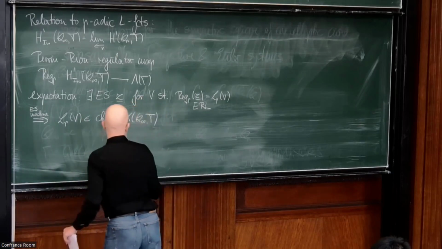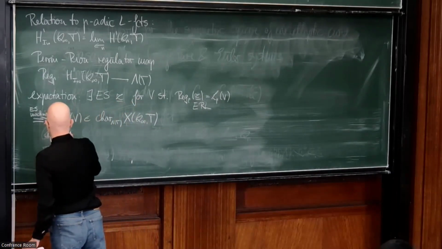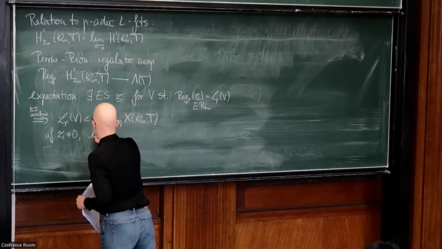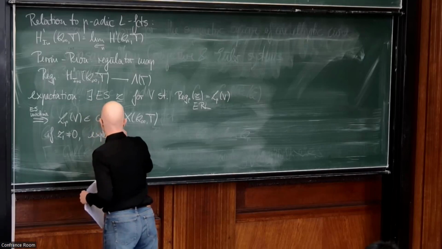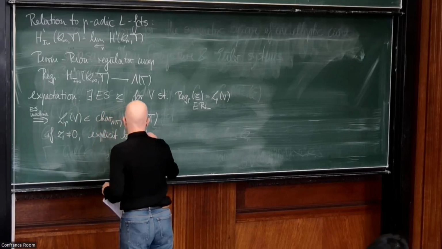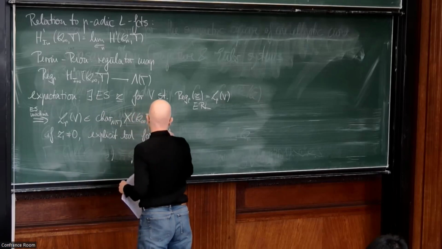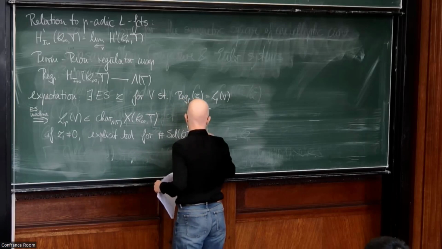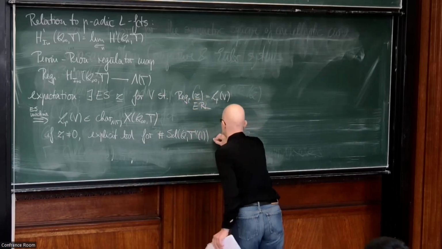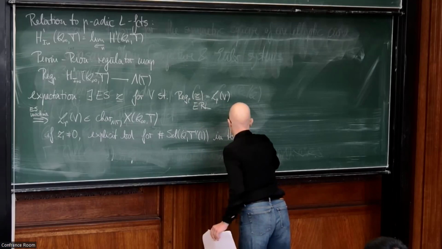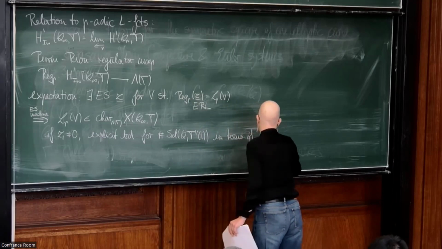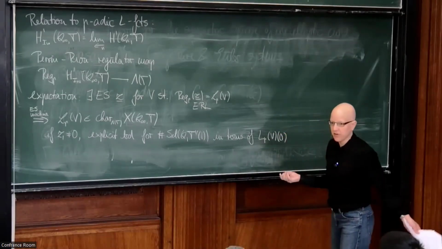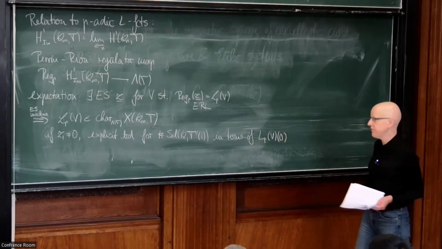And if Z1 is not equal to 0, one gets an explicit bound for the size of the Selmer group over Q, in terms of the value of the p-adic L function, L_p of V at 0. If 0 is a critical value, this agrees with the complex L value.